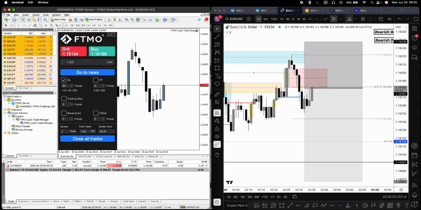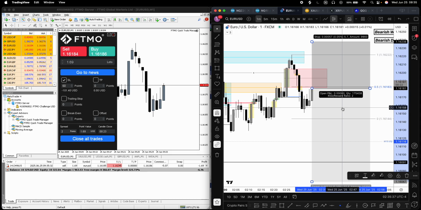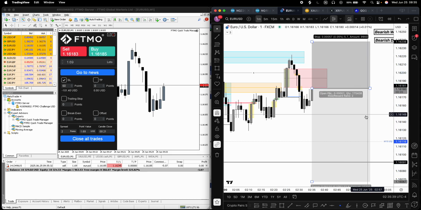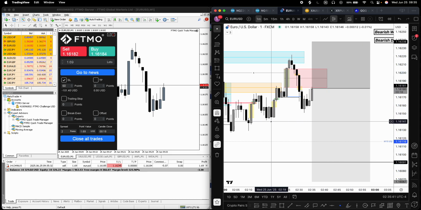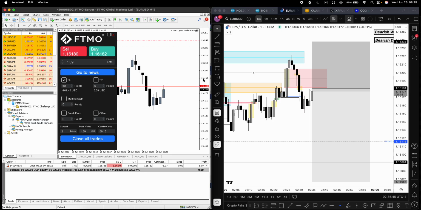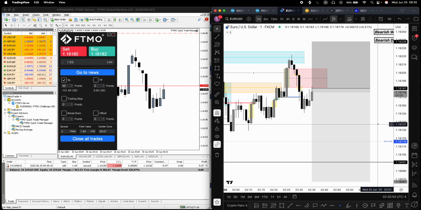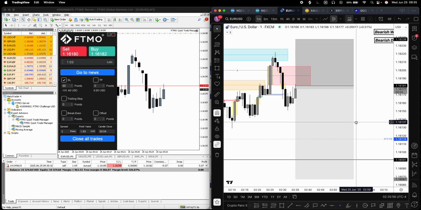Okay, we are in another short. Risking 1%, my stop is there at the dash line. Risking $101. Definitely feeling quite nervous after our previous loss.